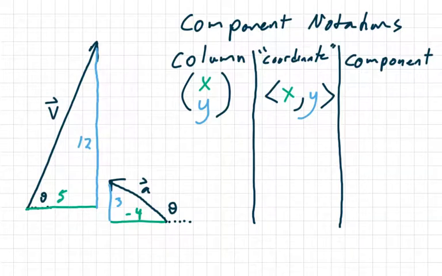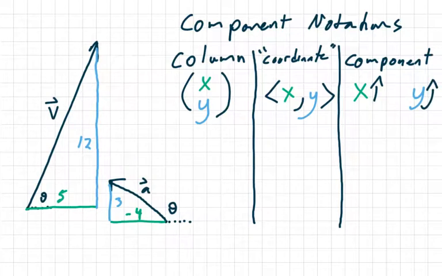All right. The other form is going to seem strange, but it's actually the most mathematically important one. You're going to have an x component and a y component, but then we're going to have what are called unit vectors. i is the unit vector in the x direction, and the unit vector in the y direction is j.